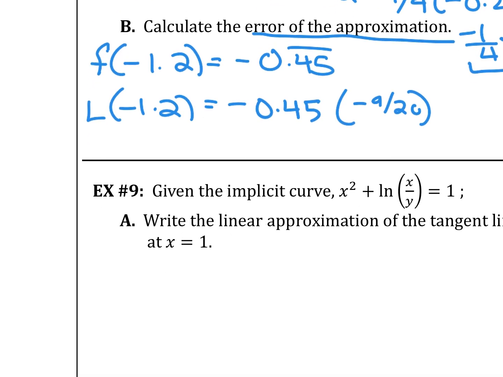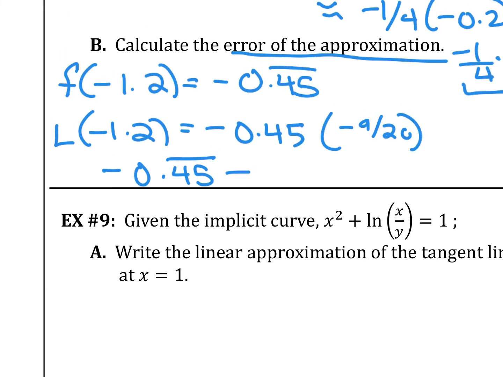Now, if I find the error, our linearization is an overestimate. So I find the difference between the actual, negative 0.45 repeating, minus negative 0.45, which was negative 9/20.